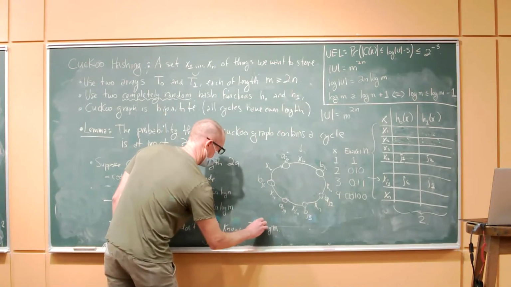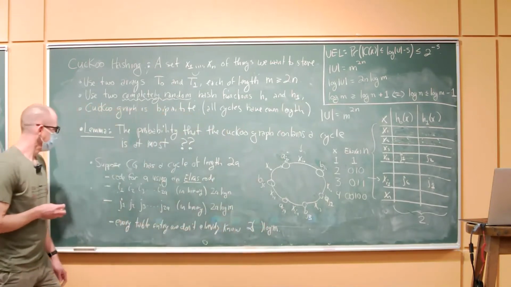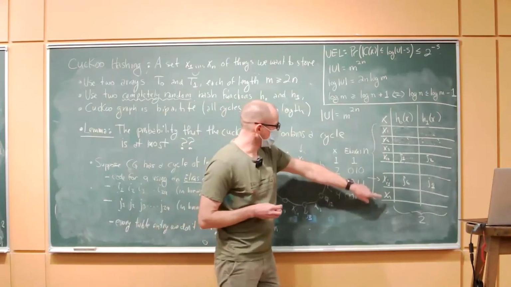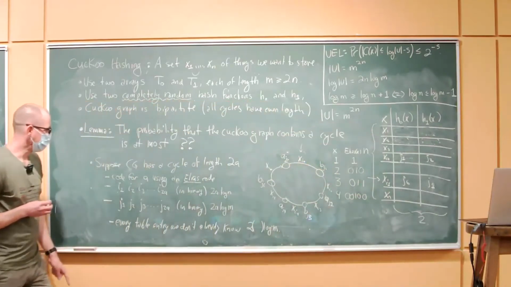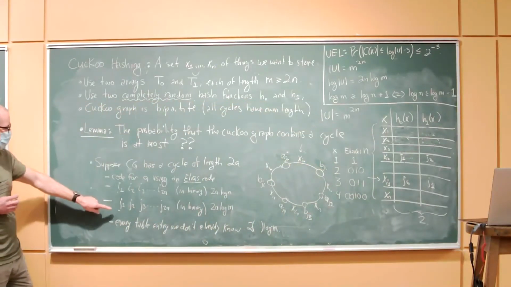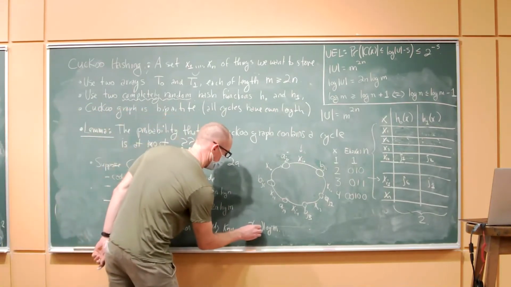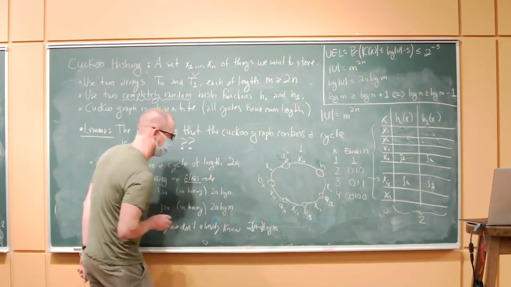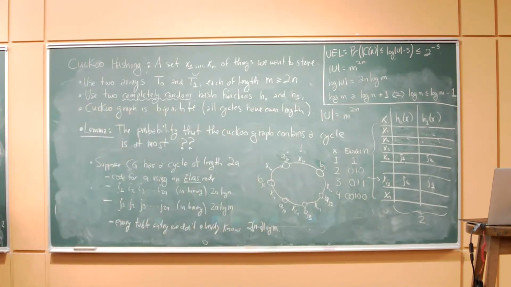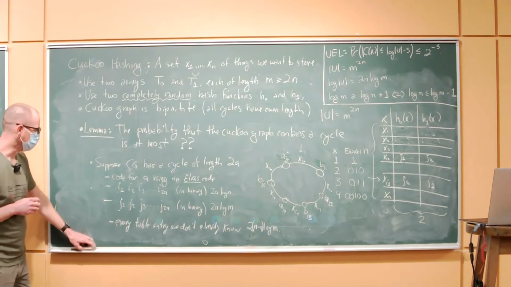And how many table entries are there? Well, there was n in total, but we already figured out 2a of them from what we got here. So this is n minus 2a. Okay, good.